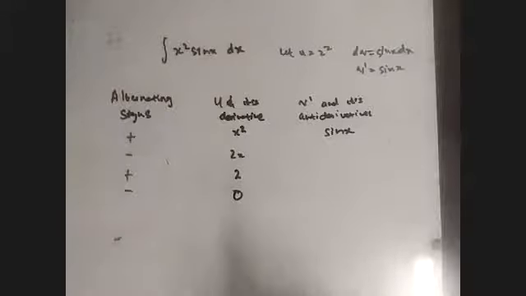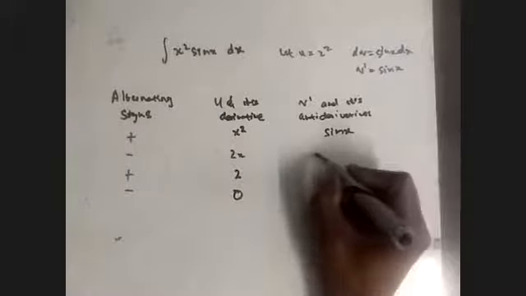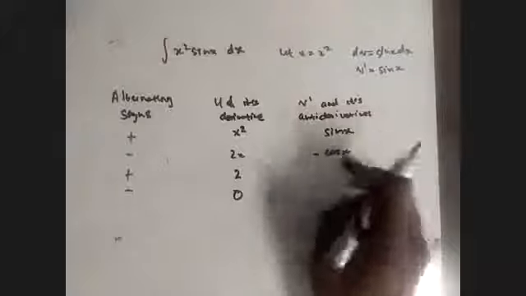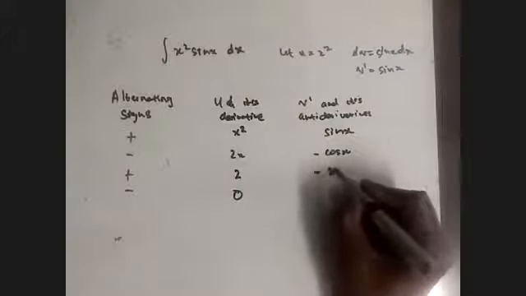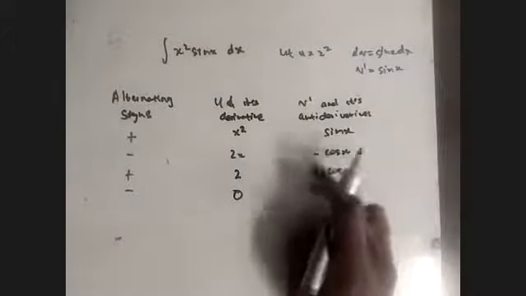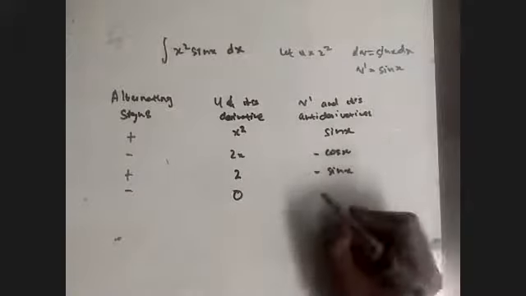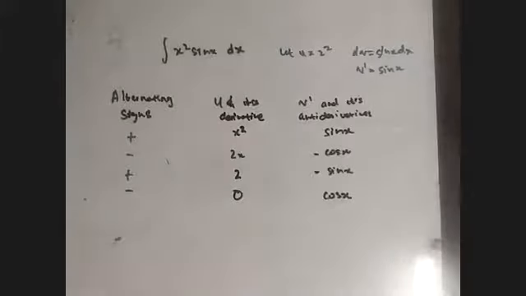It's negative cos x. Then the integral of negative cos x is negative sine x because of this negative. And then the same thing applies, it becomes negative cos x, so we're just going to write cos x.